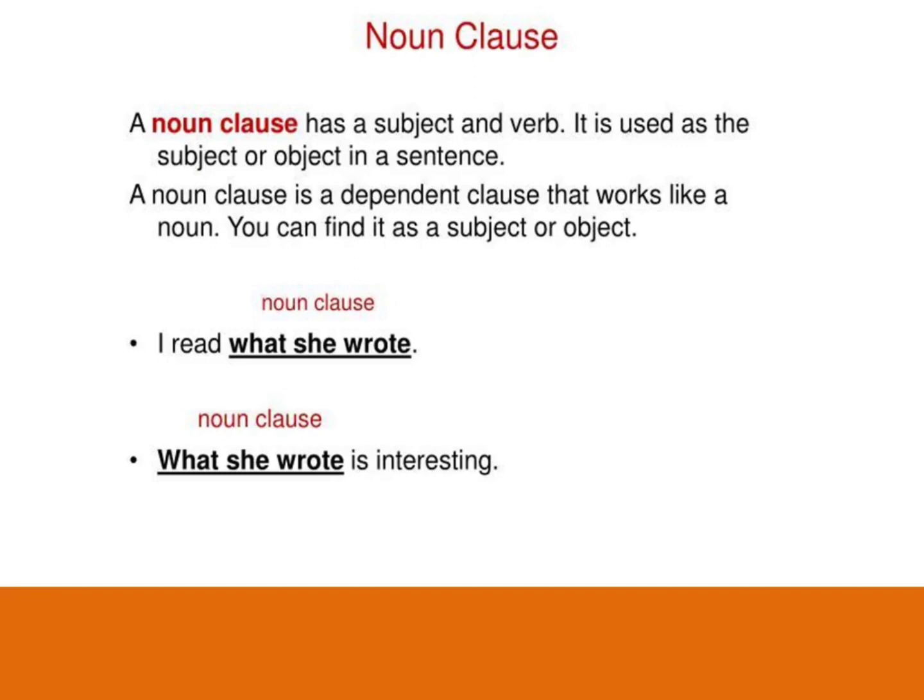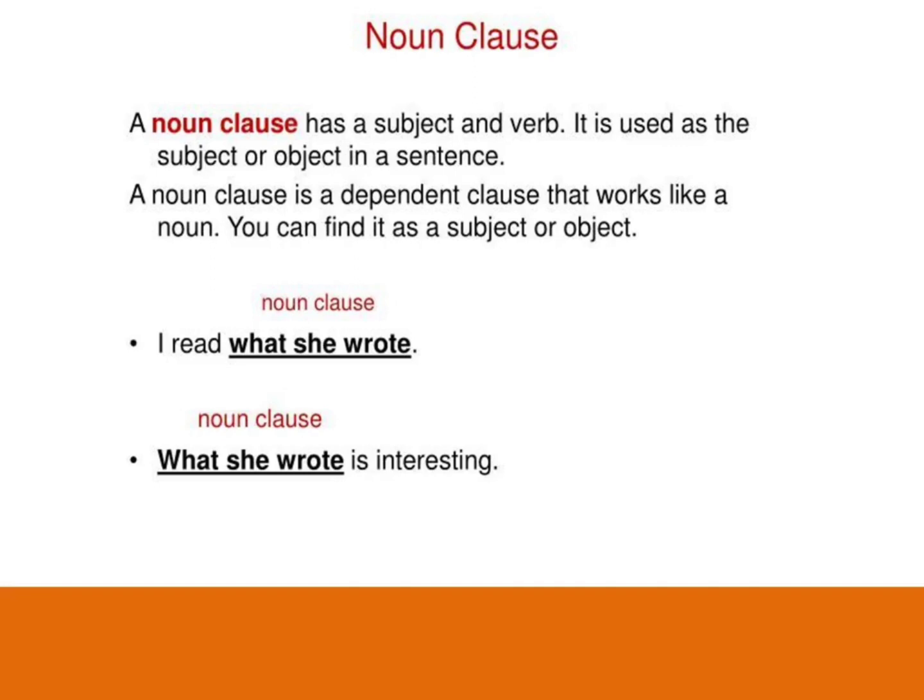Okay, let's look at this example. There are two sentences used as examples. Namely, the first, I read what she wrote. And the second one is what she wrote is interesting. So, based on the example, what is called a noun clause is what she wrote.